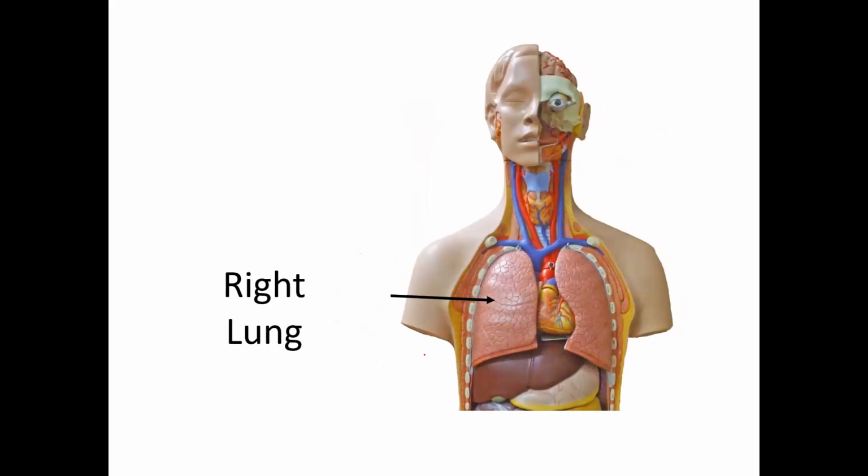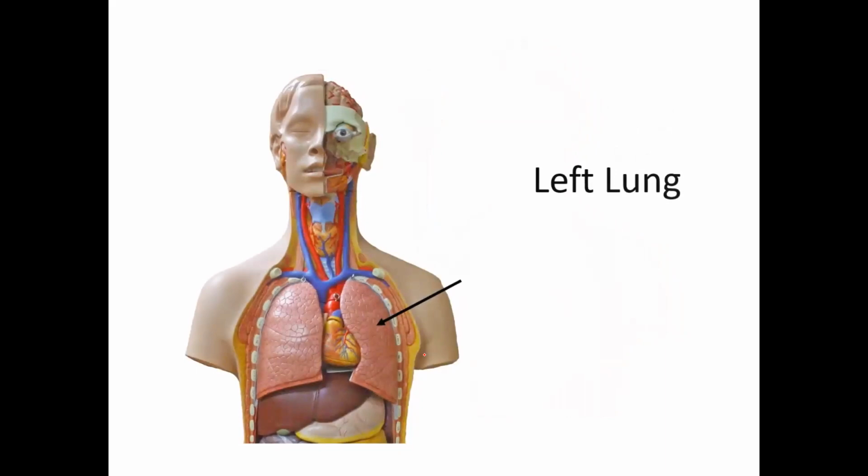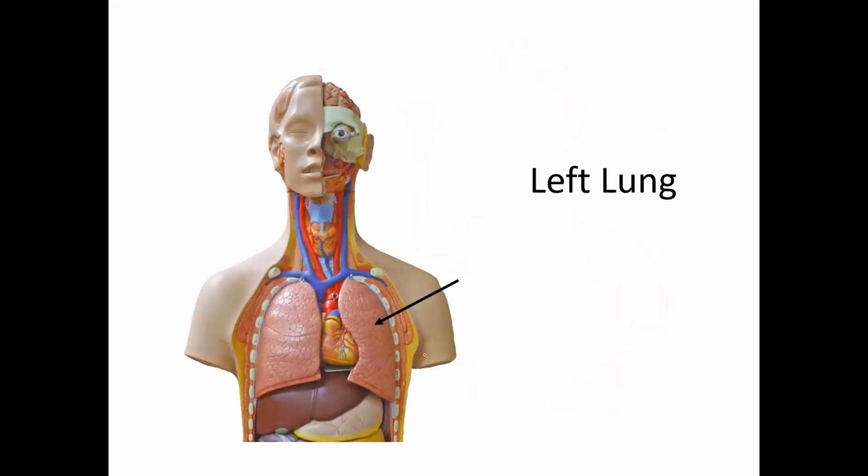All right, so now we're looking at our model here and it's facing us. So the left side of our page is actually the right side of the model. So that's the right lung. And on the other side, there's the left lung, which is on the right side of our page. Again, this is all related to the anatomical position.